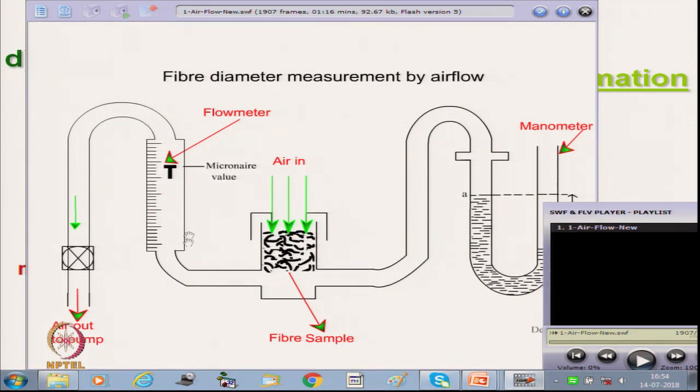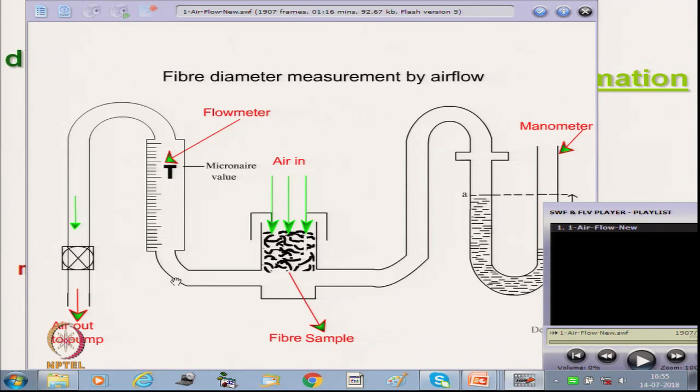And we have to maintain this pressure. If the pressure is different, then we have to adjust the pump. So, for a constant pressure we have to measure the flow rate here.